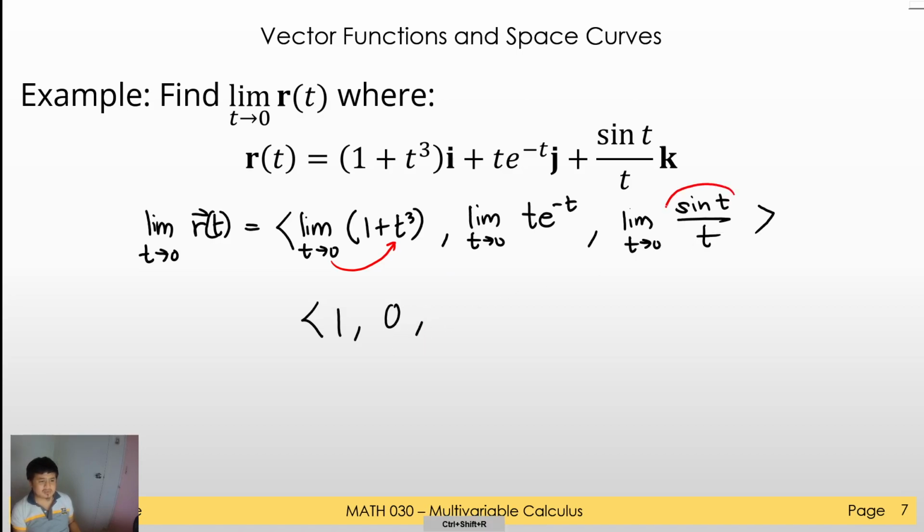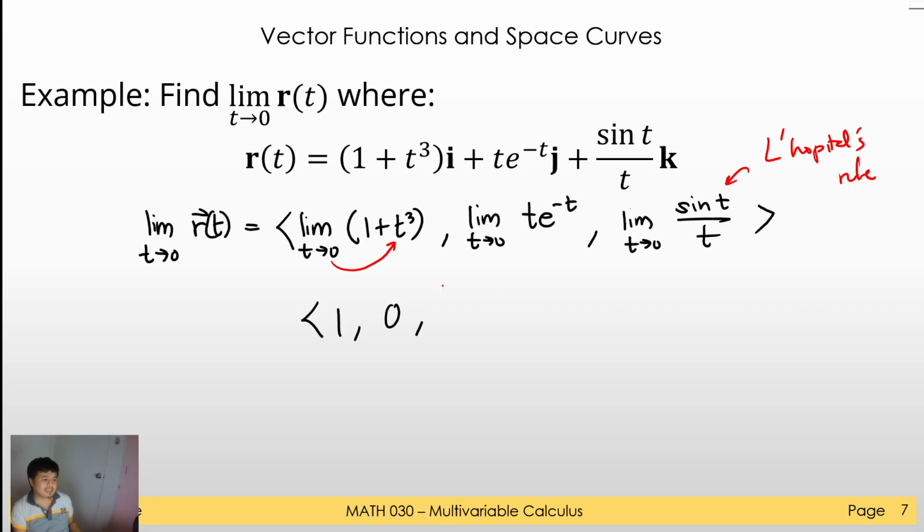And then the last one, there are different ways to solve this. You can use L'Hopital's rule, or in general, this is actually a theorem in limits, so the value of this is equal to 1.